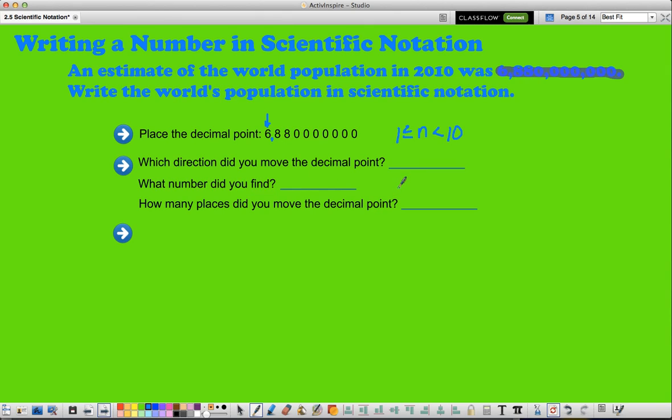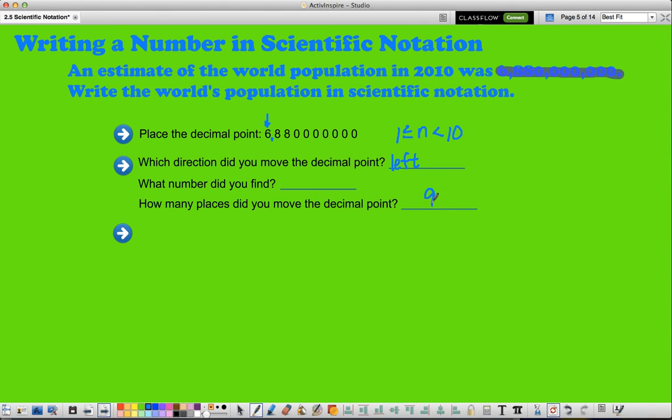So now I need to figure out which direction I moved my decimal point. I moved it to the left. Let's count how many places. 1, 2, 3, 4, 5, 6, 7, 8, 9.